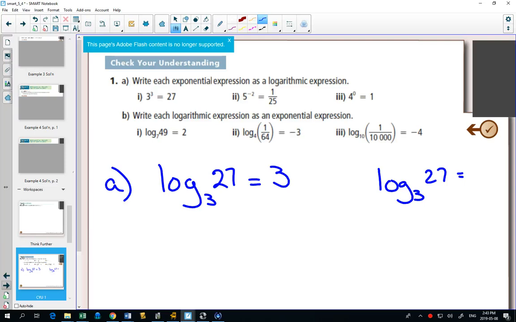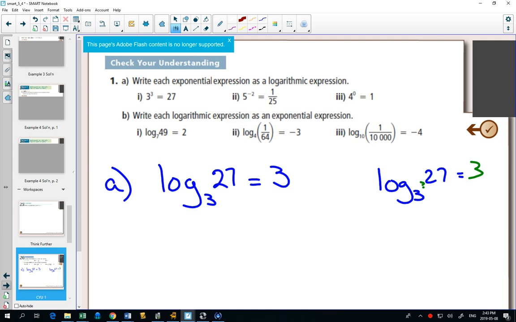So I kind of put a question mark right there. And whenever I see a logarithm, log 3 of 27 really means 3 to what power, 3 to what exponent would equal 27? And the answer would be 3.